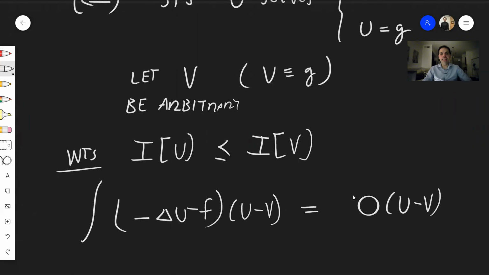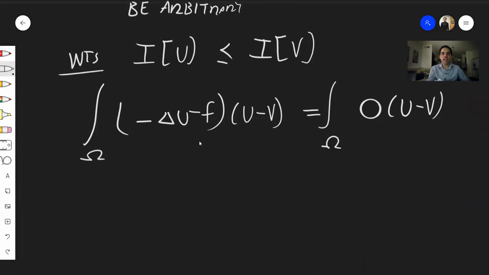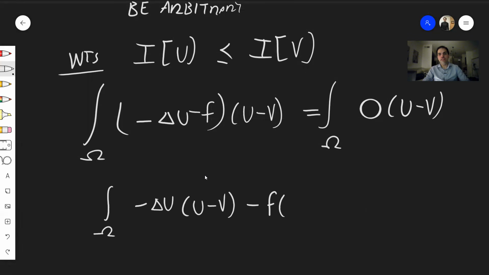So let's take that and integrate over our domain. Then on the one hand, what we get is that this thing equals 0. So the integral over omega of minus Laplacian u times u minus v minus f times u minus v equals 0.